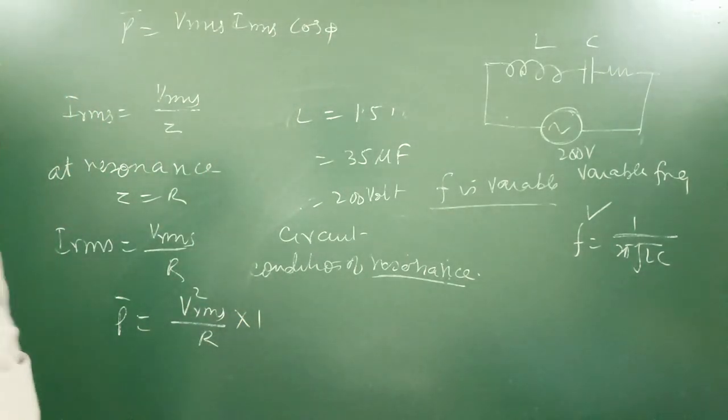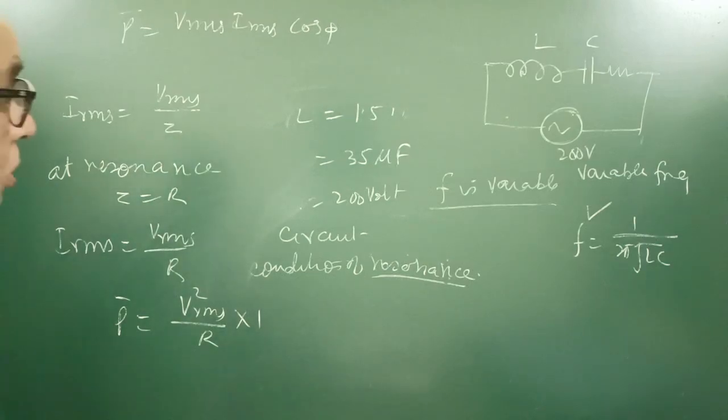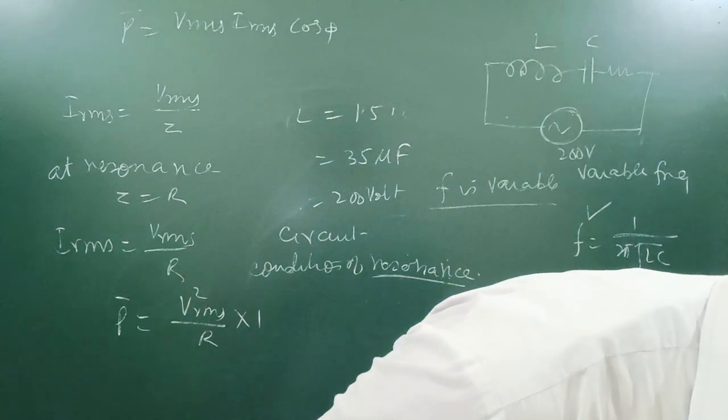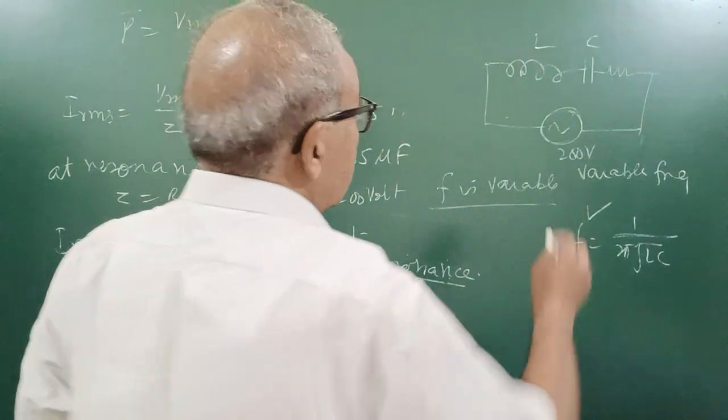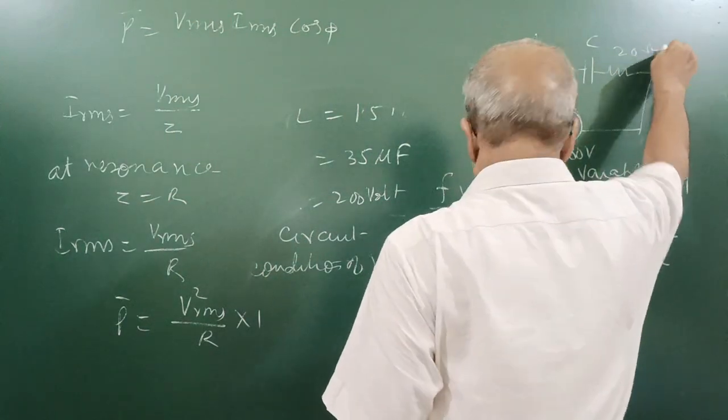In the resonant condition the power factor is 1. So what is the resistance here? Resistance here is 20 ohm.